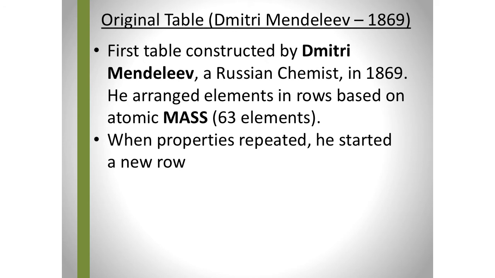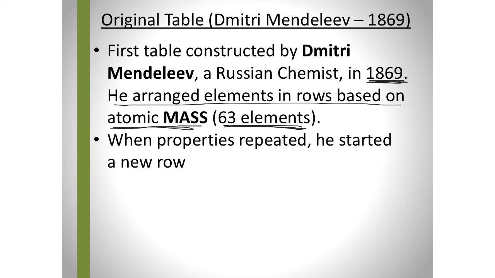So in Mendeleev's table, and Mendeleev was a Russian chemist, he arranged elements in rows based upon the atomic mass, and there were 63 elements at the time. They didn't know that there were protons in an atom, so it would have been very difficult to arrange the periodic table by protons.